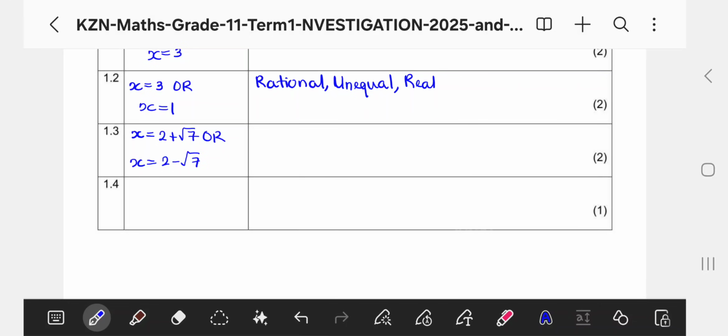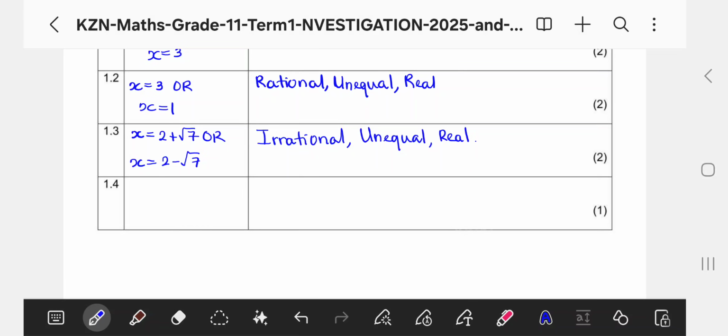We are not getting a fraction in the form p over q. And when we convert them to decimals, they are non-terminating decimals. They do not end. So that makes them irrational. They are unequal because they are not the same values, but they are real. So we managed to get values, meaning that they do exist.